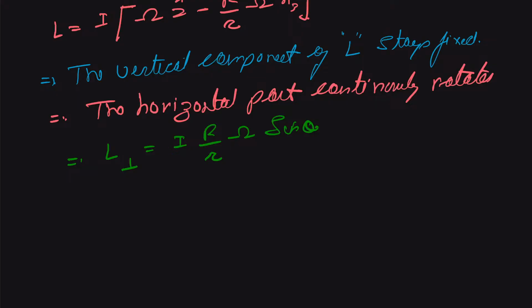And in this case, the axis which is joining, this is our radius r, not vector, and this is the radius of our ball. The angle between the two is given as theta.